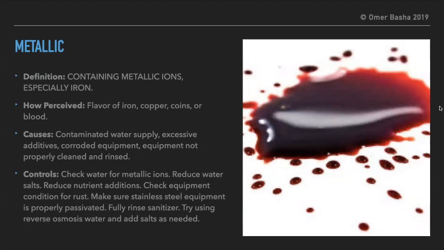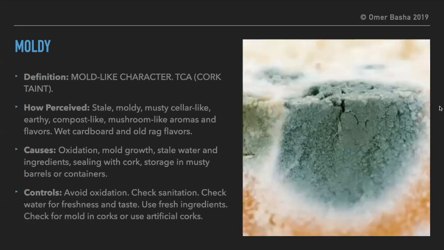To control, check your water for metallic ions, reduce the water salts, reduce nutrient additions, check the equipment for rust, make sure stainless steel equipment is properly passivated, fully rinse off the sanitizer, and try to use reverse osmosis water to add salts as needed. So this is metallic.